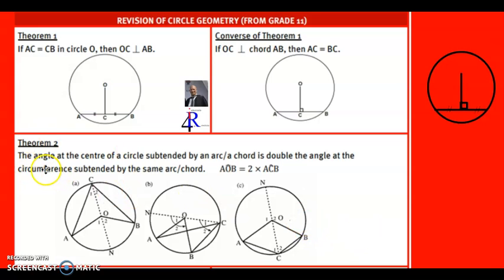We look at theorem 2. The angle at the center of the circle, subtended by an arc or a chord, now, that's an arc, and a chord would be a line from A to B, is double the angle at the circumference. So this angle here is twice the size of the angle over there.